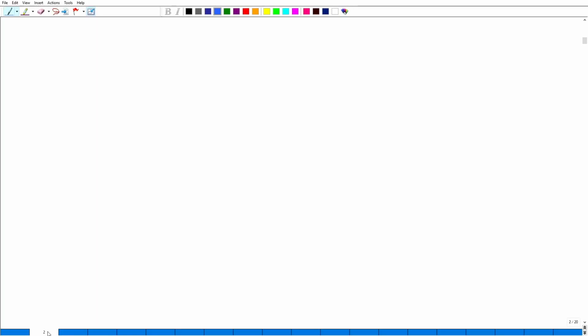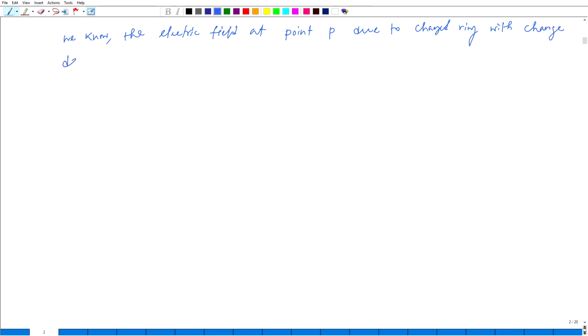We know the electric field at point P due to a charged ring with charge dq.